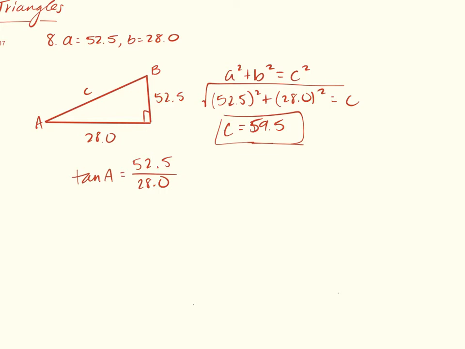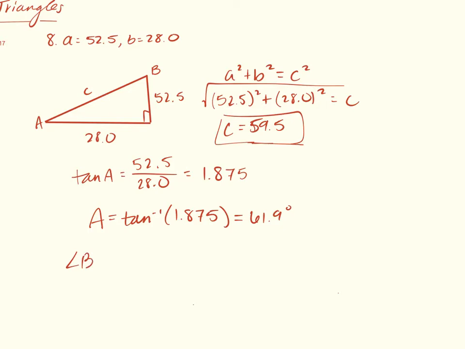So this will be equal to 1.875. Then to find A, we're going to take the inverse of tangent. So A is equal to tan inverse of 1.875. There is a button on your calculators for tan inverse, so you will be able to do that. So tan inverse gives us an angle, so we get 61.9 degrees.